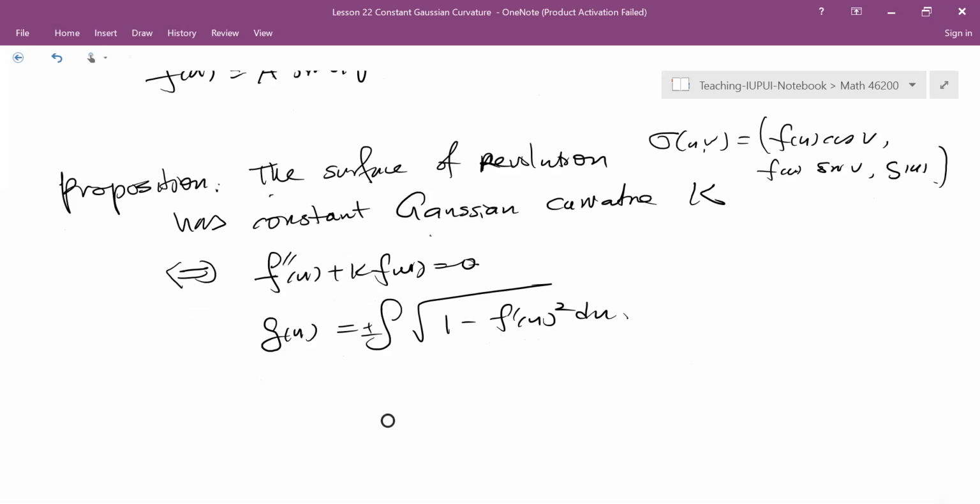We don't specify the interval for variable u.